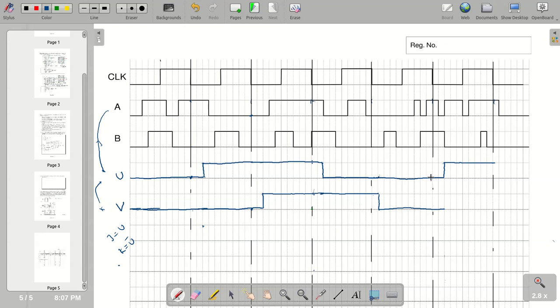Here this looks at J is low, that means K is high, and it stays low. And at this point it says, okay, A is high, K is low, so it's going to stay high, and here what happens, it looks at J is high, K is low, so it's going to transition to the high state. It should be a vertical transition state, and that is it.